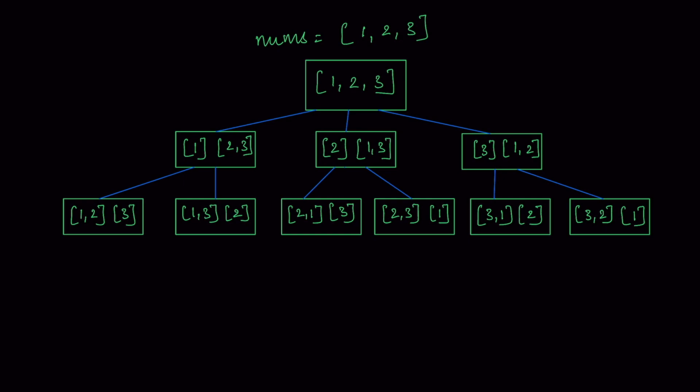From this level we can see the length of the remainder of nums is just 1, which means that we are reaching the end of this recursion tree.